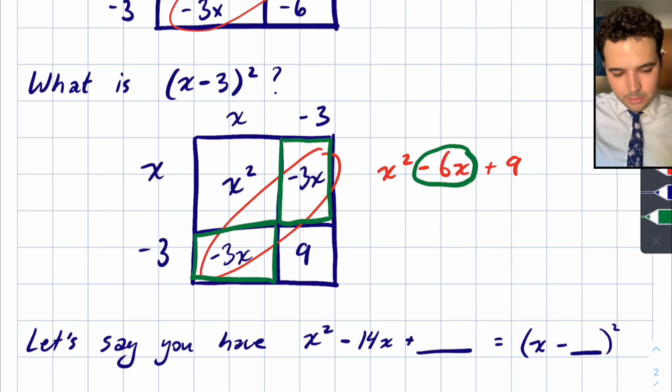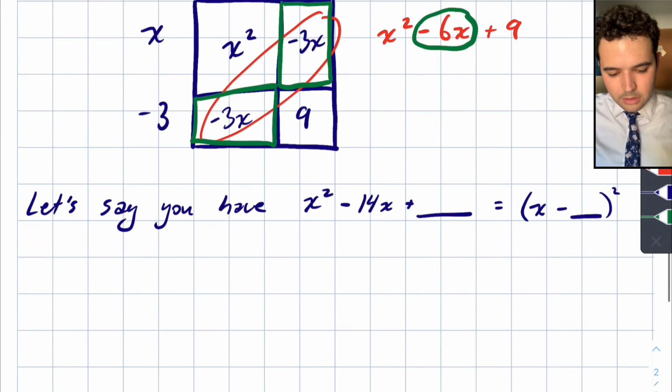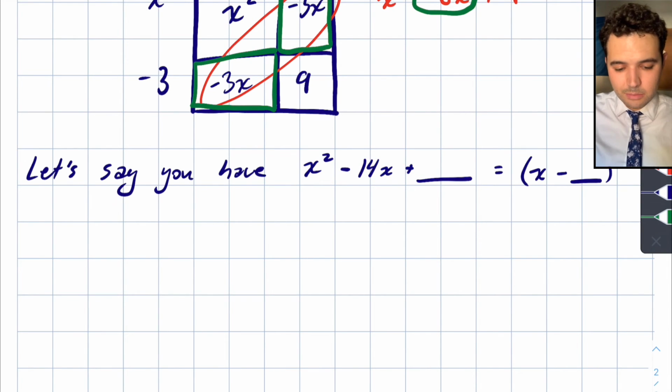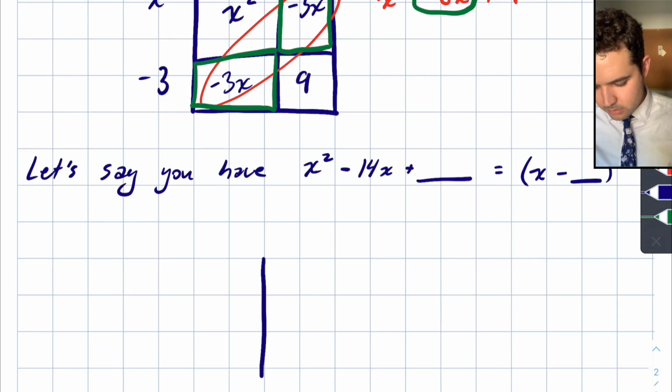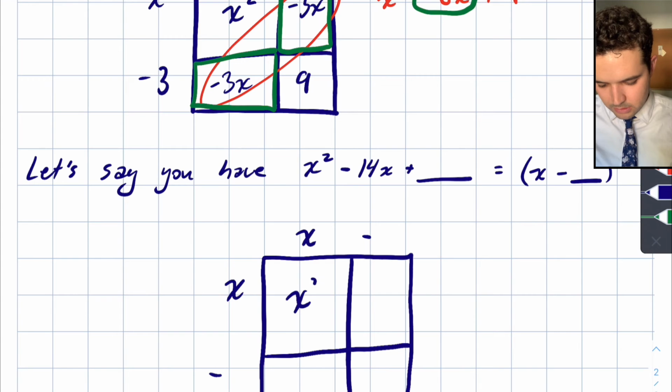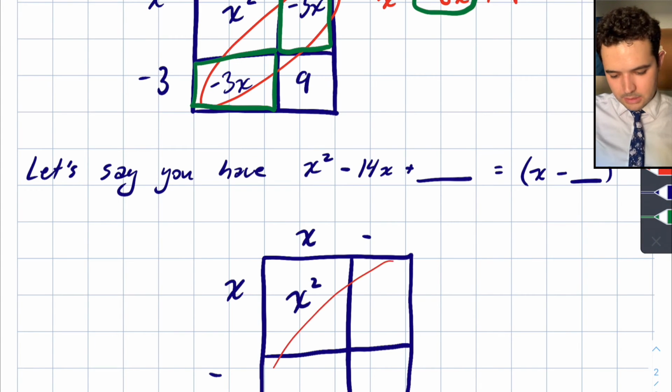So let's think about it in context now. Let's say you're trying to complete the square, and you have x squared minus 14x plus something, and you're trying to figure out that something to complete the square. Well, in this case, our rectangle would look something like this. X minus something times x minus something would give us x squared here, and 14x split into these two pieces.